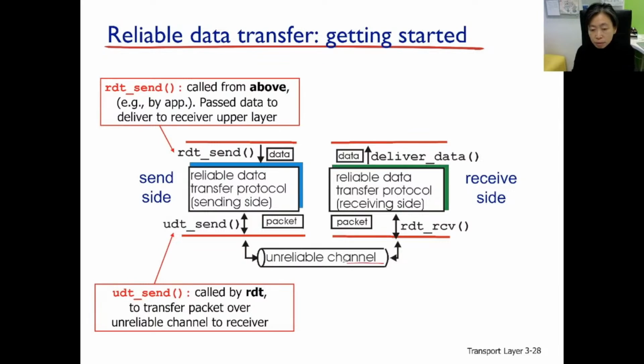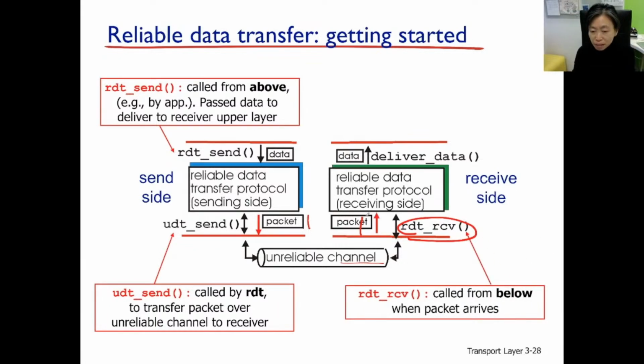And then, data is going to travel through the channel and come to the network layer. So that network layer component would call this, okay, RDT receive to pass the packet further up. So packets get passed down by calling UDT send. Packets get passed up, okay, by calling RDT receive.